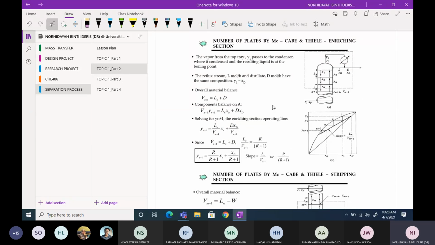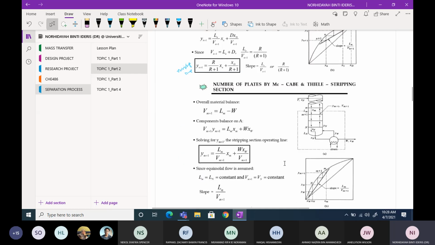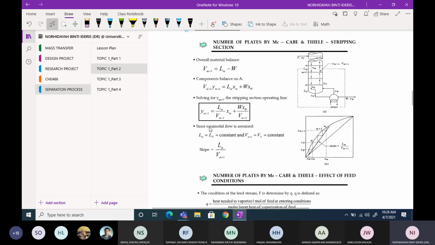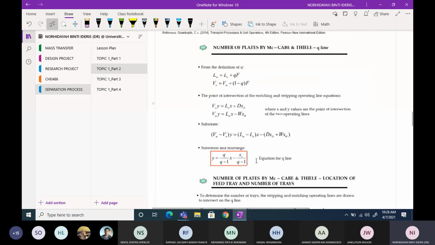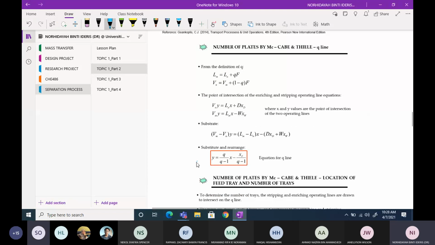This is the equation for the enriching line inside the box here. This is the equation for the stripping line. And this one is the equation for the Q line.